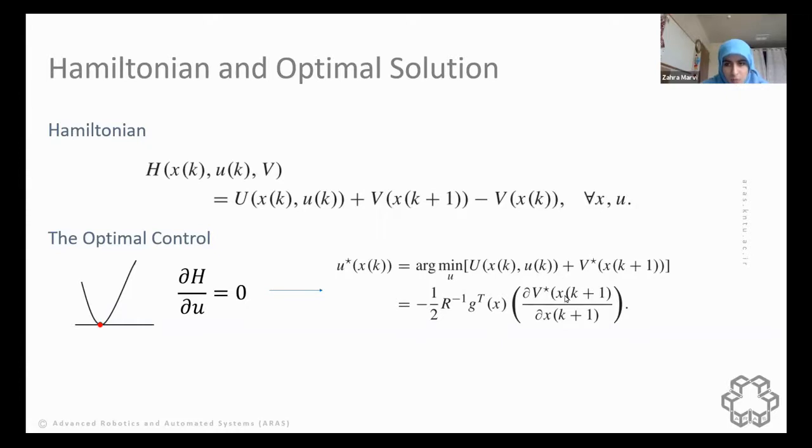But the thing is that we don't have access to V star here. So we need to find a method to approximate this value function.